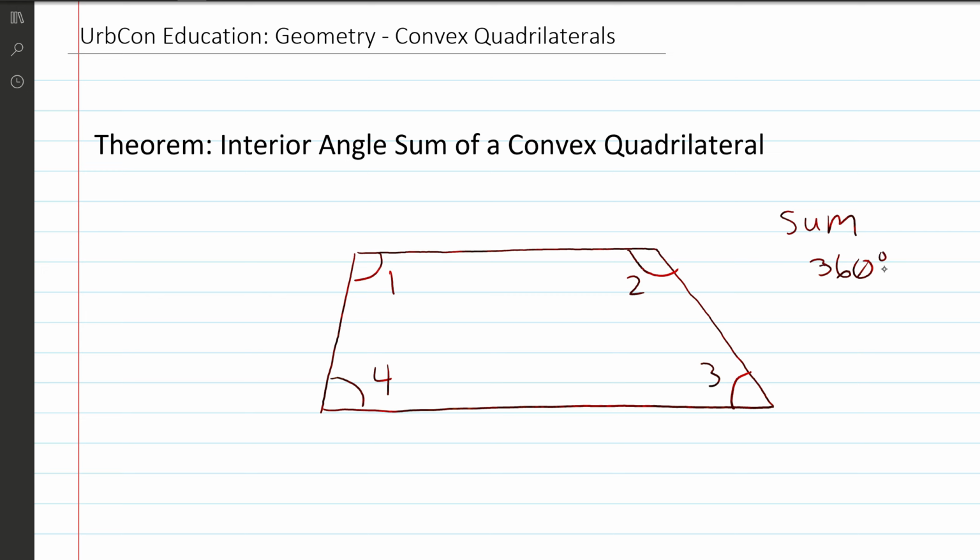I can say that if I were to measure angle 1 and add it to the measure of angle 2, add it to the measure of angle 3, and add it to the measure of angle 4, they should all sum up to 360. So this is a quick overview of the theorem of the interior angle sum of a convex quadrilateral.